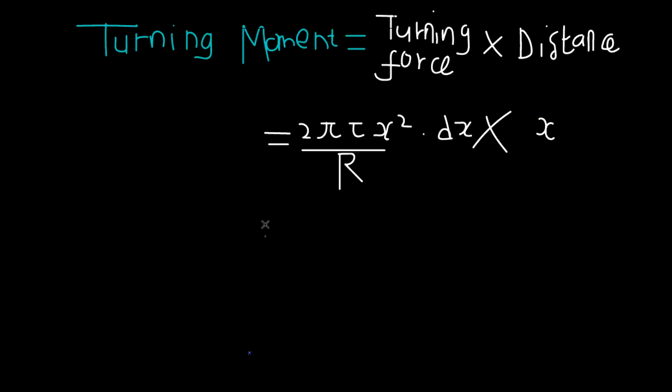After simplifying, we get 2 pi tau, now x times x will be x cubed, dx, all over r.